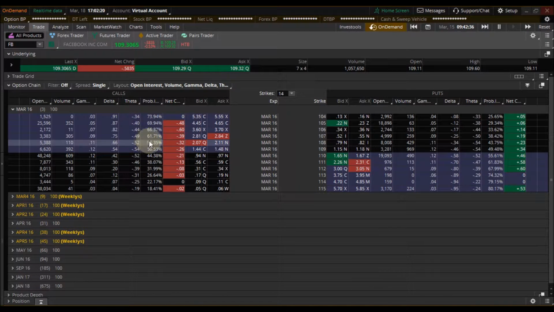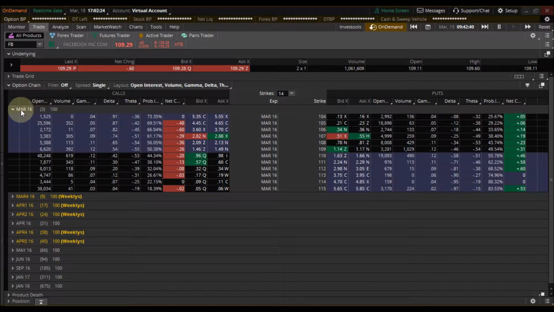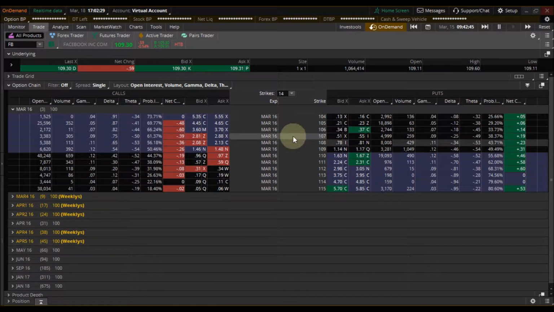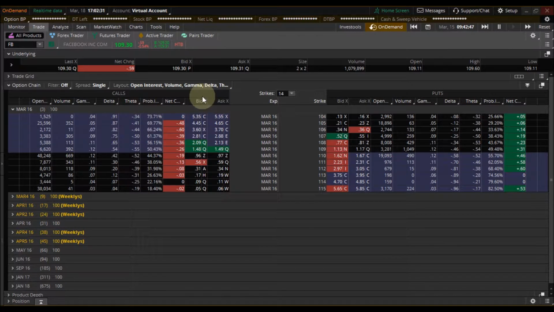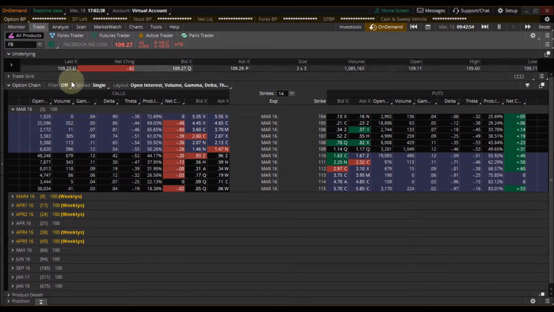Front month will be March 16, right here. Go ahead and take time to understand the different layouts within this options chain. Take time to understand the information in here.